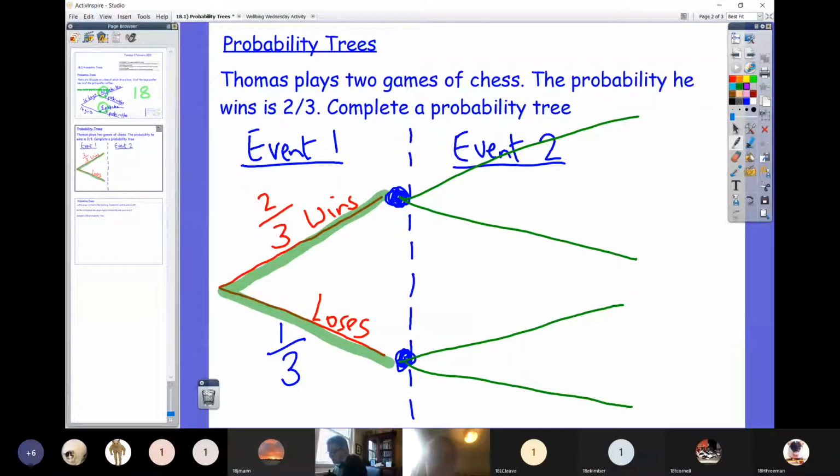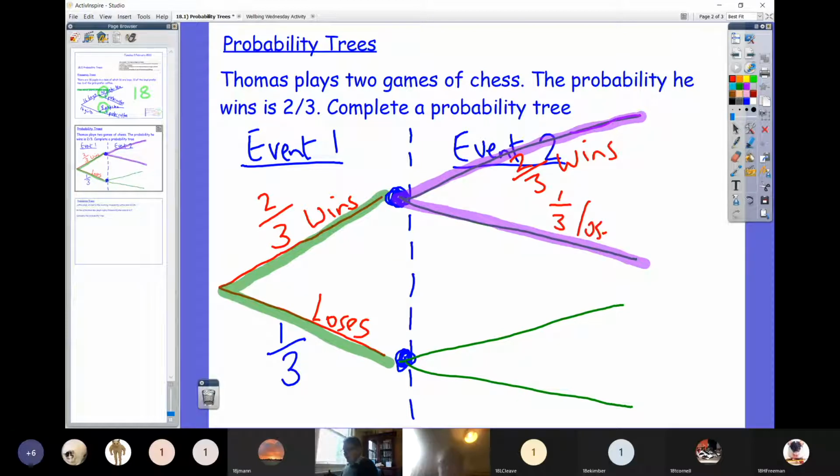So in the afternoon, I'm just popping in purple the top one. Still the probability that Thomas wins in the afternoon is 2/3, and it's still 1/3 that he loses. Now maybe Thomas lost in the morning, in which case you go and look at the crocodile mouth at the bottom.